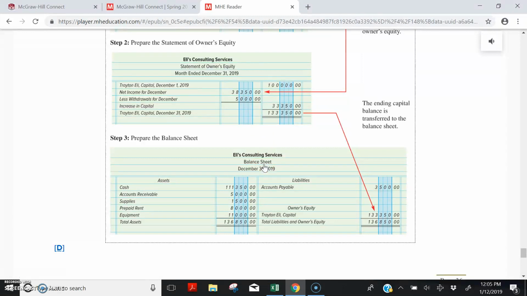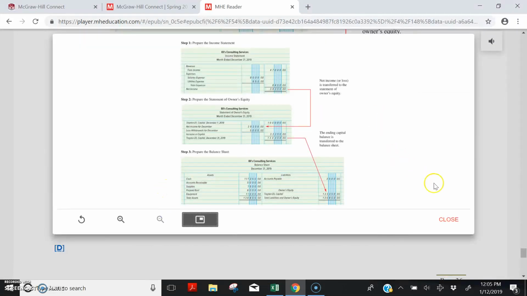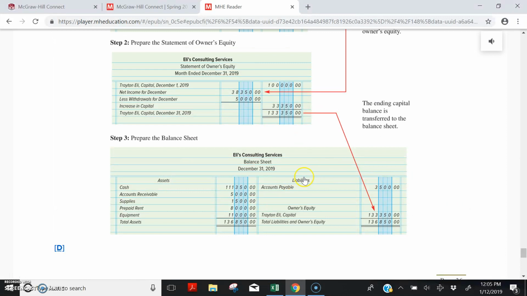And remember that the balance sheet is not for a period of time, so the date on our balance sheet should be January 31st, 20XX. We'll put the assets on the left side of the page. We'll put liabilities and owner's equity on the right side of the page.